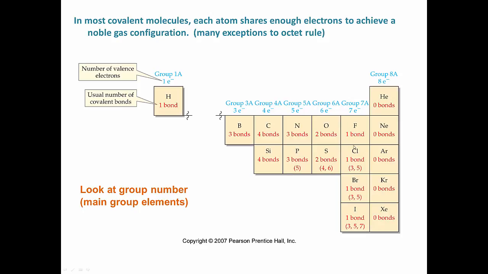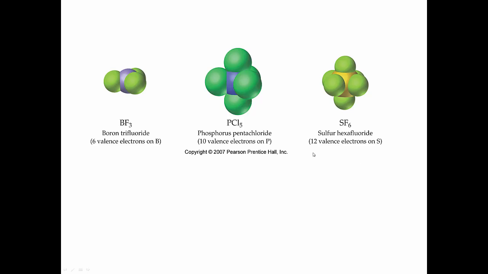But as we get further down beyond that 2nd period on the periodic table, like here at chlorine, it'll form 1 bond, but it can also form up to 3 and 5 bonds. And that's because the 2nd period, remember, that corresponds to the 2nd shell, and that can hold a maximum of 8 electrons. When you get to the 3rd period and higher, then you have those d orbitals.